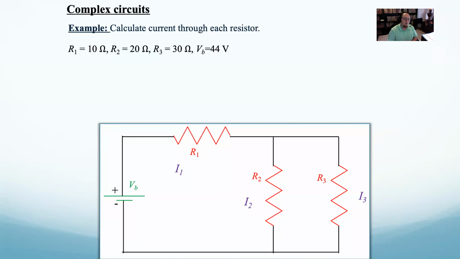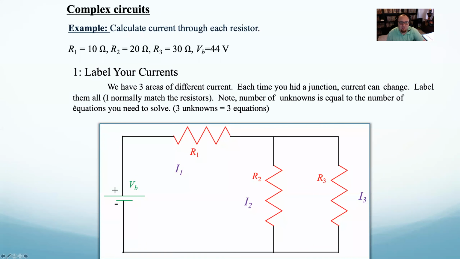If I want to know the current through each resistor, how you do this is you take a look at each resistor and you decide what your currents are. You label your currents. I call them I1, I2, I3 because that's the current on resistors 1, 2, and 3 respectively. Of note, every time you have a junction, current can change.